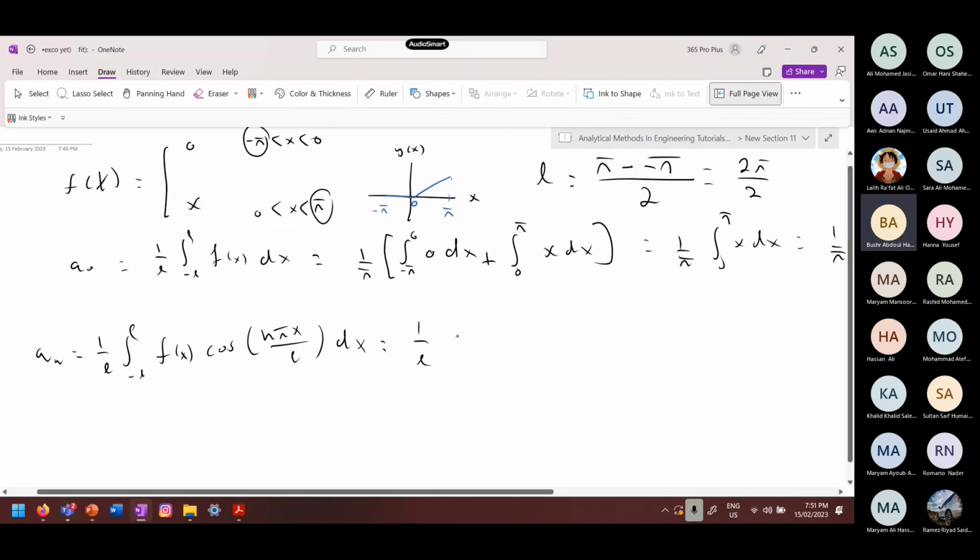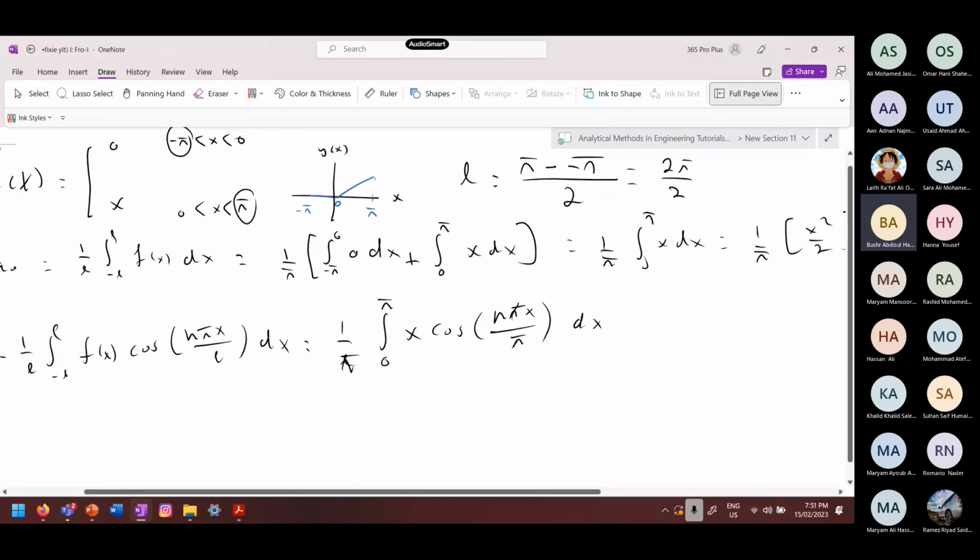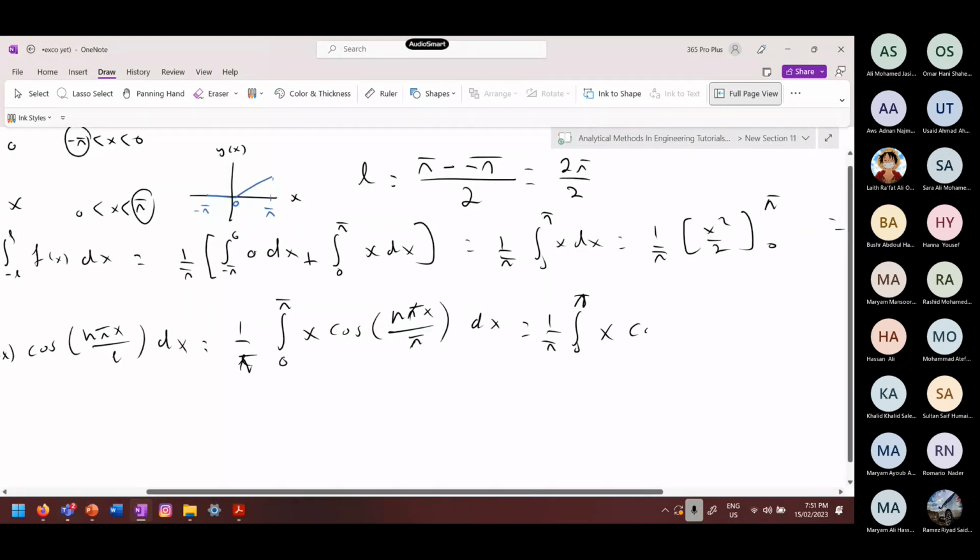This one will be cancelled, so you just have this term, not negative pi, 0 to pi, x cosine n pi x over pi dx. The pi's will get cancelled. You'll get 1 over pi, 0 to pi, x cosine nx dx. Okay. Do you know how to solve this?